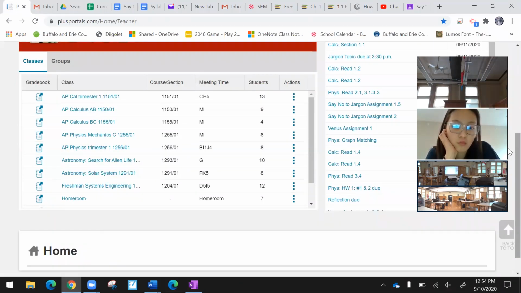When you find things on the portal, you want to go to the thing that meets at M. Okay? So if you're in AB Calc, you want to press this one. If you're in BC Calc, you want to press this one. Okay, you'll only have one or the other. Okay? But M means that it's the class for the whole year, and then everything will be there. It won't disappear when we go from trimester 1 to trimester 2.